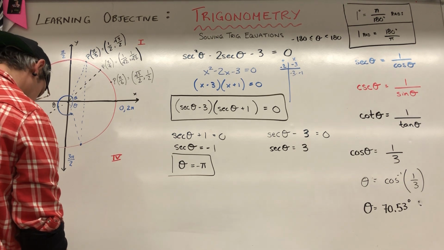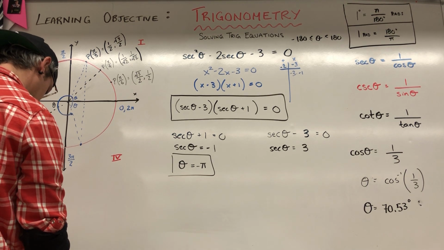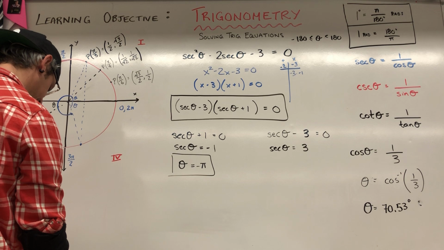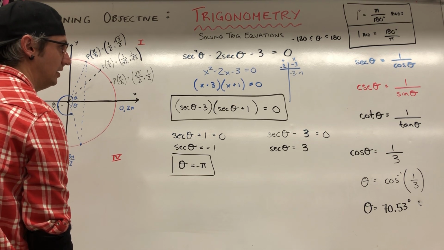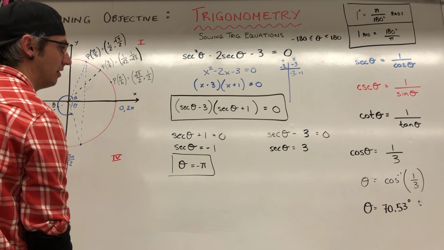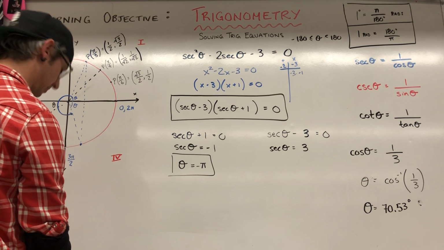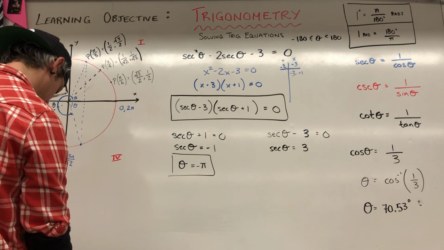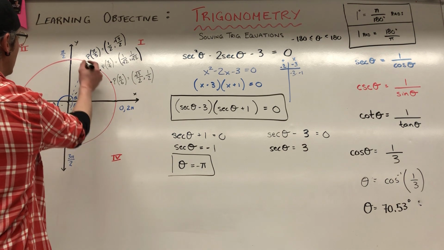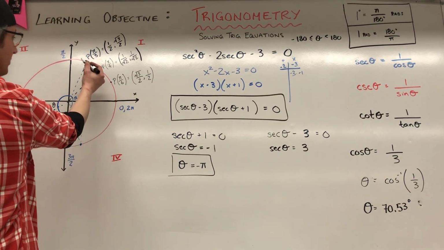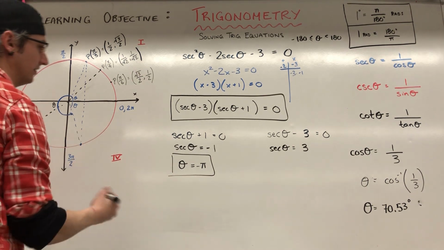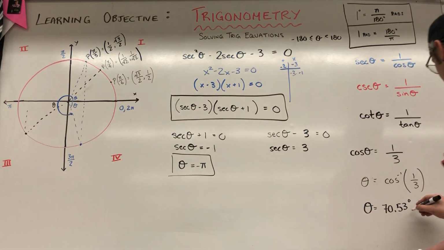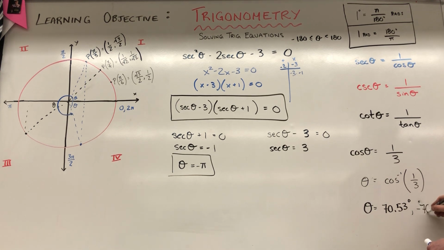Secant is equal to positive 3, so cos is 1/3. Basically it's going to be 70.53 in the positive direction to get that ratio, but then coming down here, we have to go negative. So that's really confusing, and that's okay.